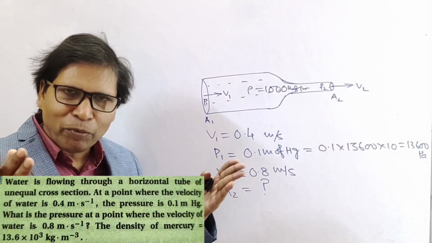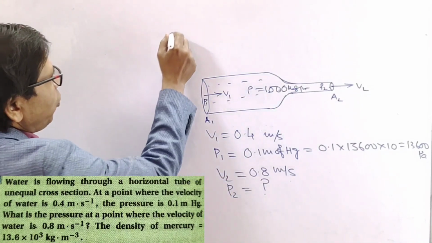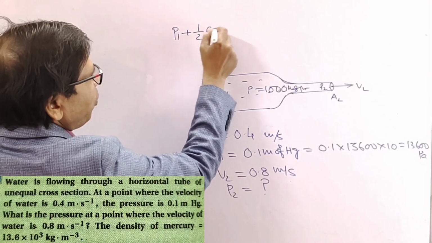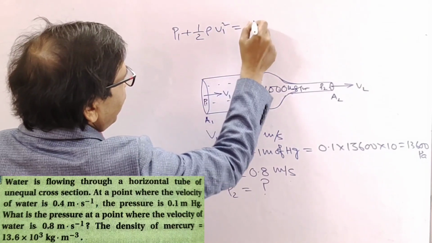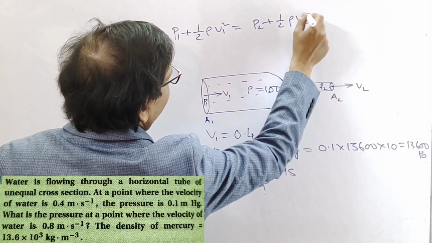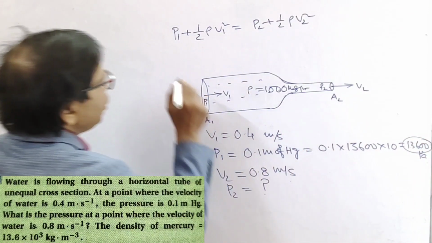Now for a streamlined motion of water in a horizontal pipe, Bernoulli's law can be written as P1 plus half rho V1 square equals P2 plus half rho V2 square. Now P1 is equal to 13600.